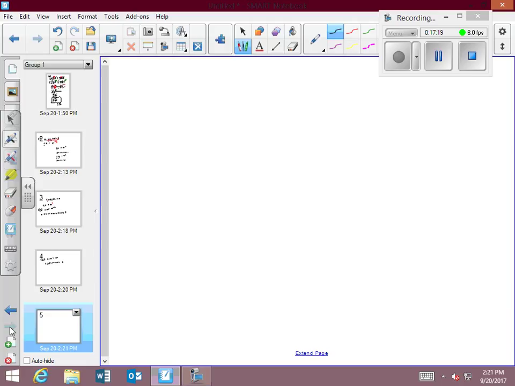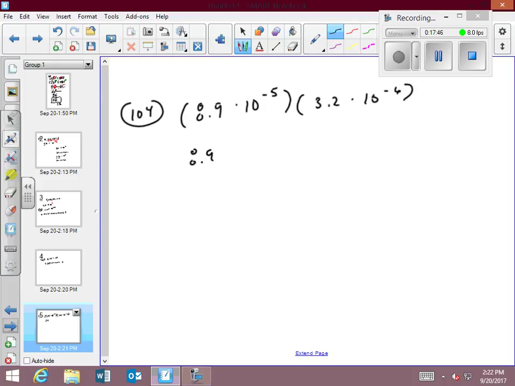So if you have 104, and you got this 8.9 times 10 to the minus 5, and then you got 3.2 times 10 to the minus 6. You can drop the brackets, you can put the 8.9 times 3.2 together, and then you can put your powers of 10 next to each other.